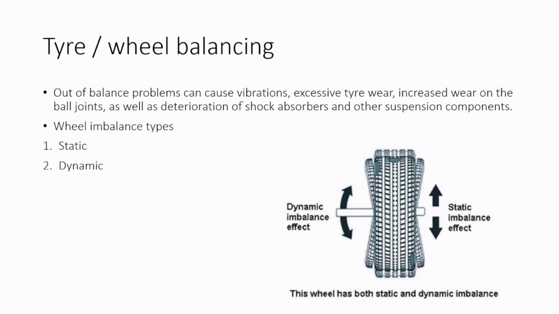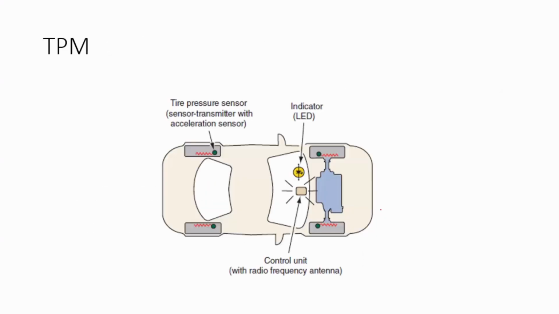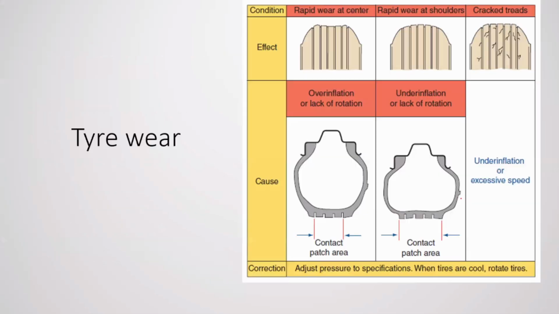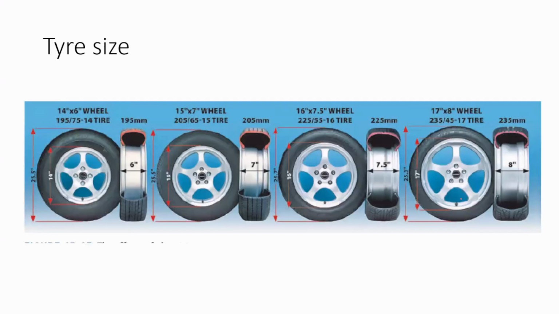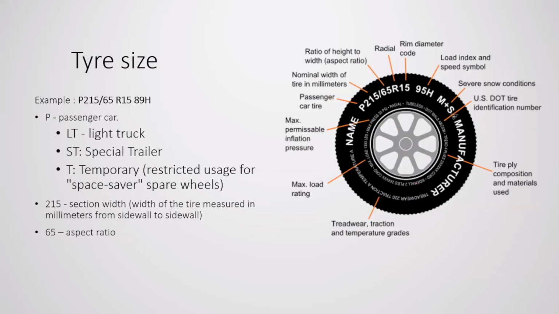So what happens if there is any sort of static or dynamic imbalance? There will be increased wear in some spots on the wheel, right? සමහර spots වල විතරයි wear එක වැඩි. Suppose you have a tire with a heavy weight attached here. අපි හිතමු මෙතන weight එකක් තියෙනවා කියලා.